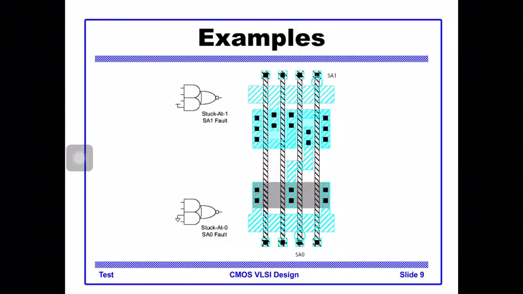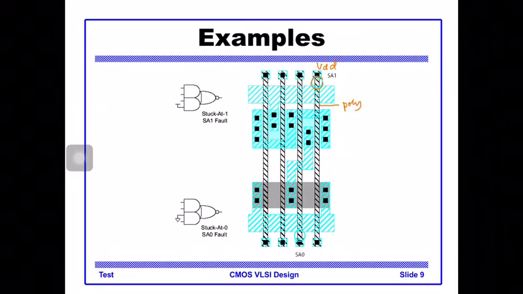Okay, so let's look at the example in the layout. So as you can see here, this is the layout of the gate, right? You can have a NAND or an OR gate, right? So here you can see there is a dust here which connects the VDD to this poly, this input.